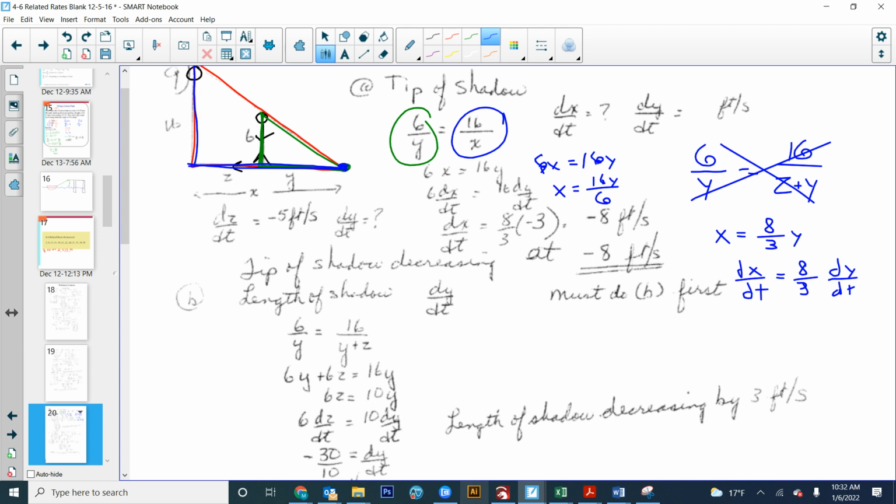How did they word it? A man walks at a rate of 5 feet per second. Would you get that's dy/dt? Yeah, that would be dz/dt.